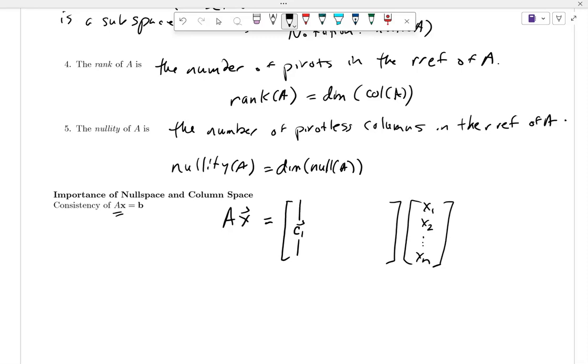That C1 will get multiplied just by the x1, and the C2 gets multiplied by the x2, and so on down the line. So we take the x1 and multiply it by that C1 vector, right? We agree with that?